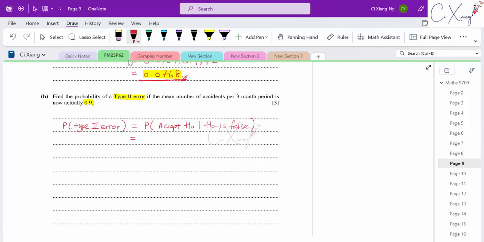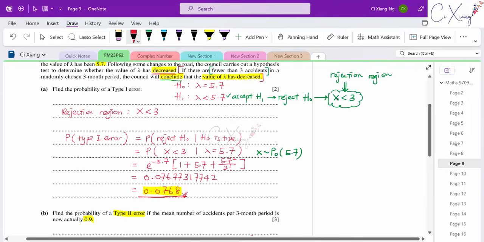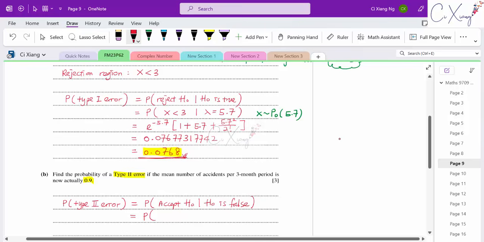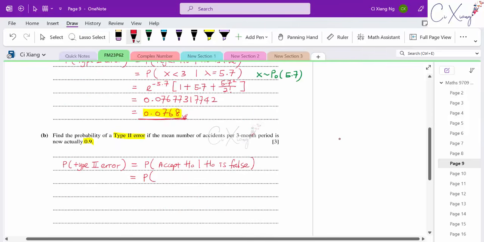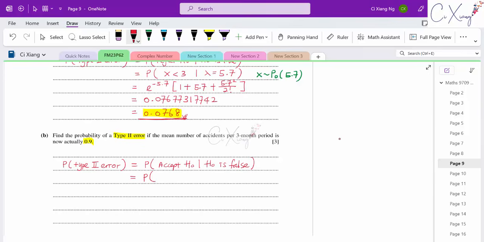To calculate the probability for accepting the null hypothesis, we should put in the acceptance region. Just now in part A, we already got the rejection region from the question, where it is smaller than 3. Acceptance region will be the opposite of the rejection region. So rejection region is smaller than 3, therefore the acceptance region will be x greater than or equal to 3.